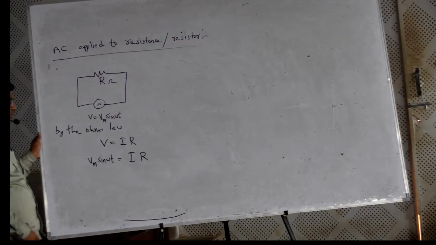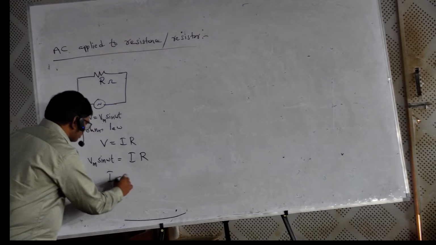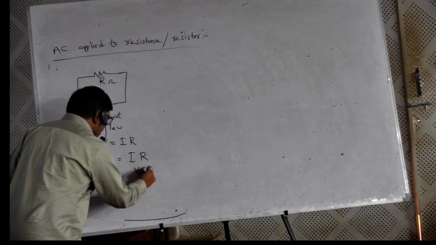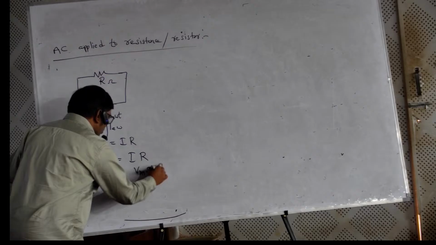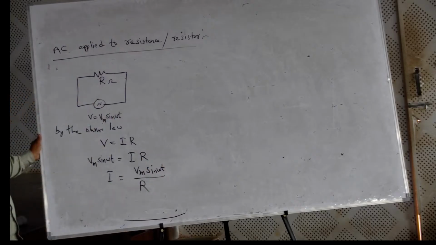So what is I now? I is equal to Vm sin omega t by R.